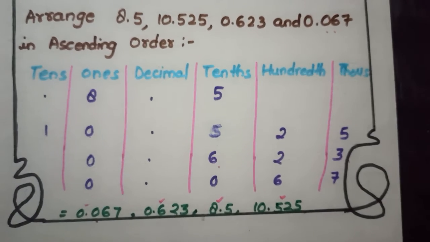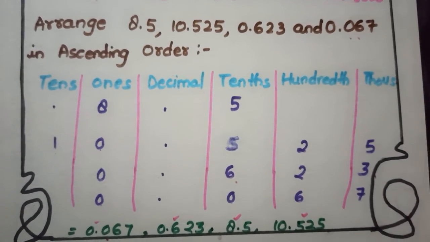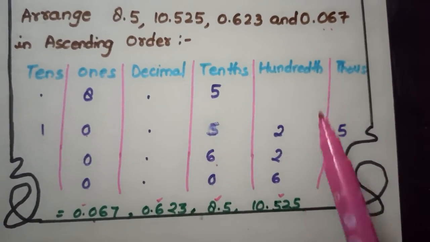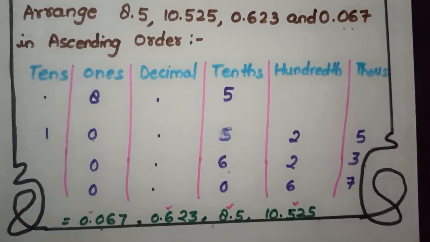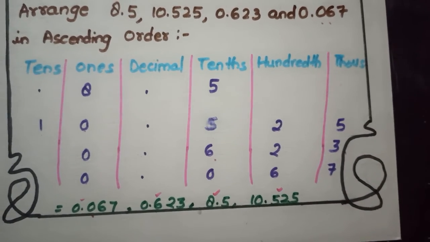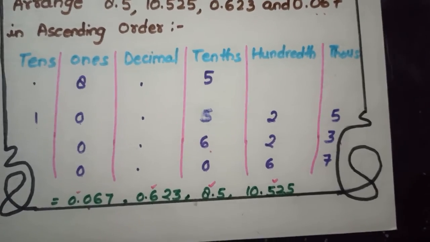So this is how I have arranged decimal numbers. And students, we just need to practice it like this, and then you will become very familiar with it, so that afterwards you can easily arrange the numbers directly into ascending order or descending order.